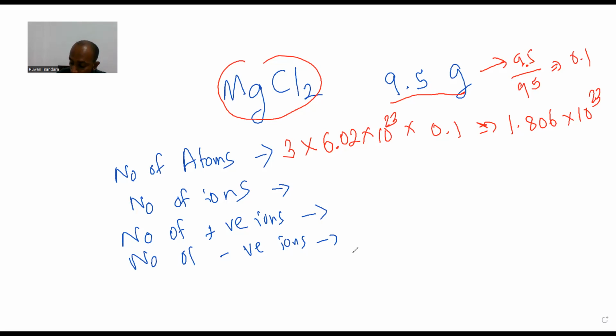Right. Number of ions in one compound. In one formula unit, you have Mg2 plus and 2Cl minus. Therefore, again 3, same answer.